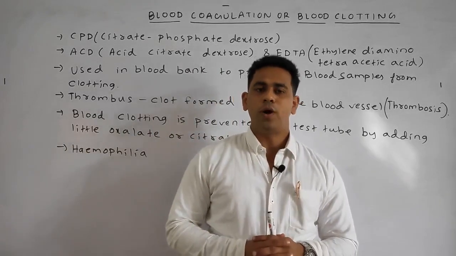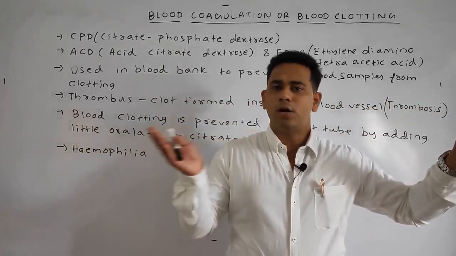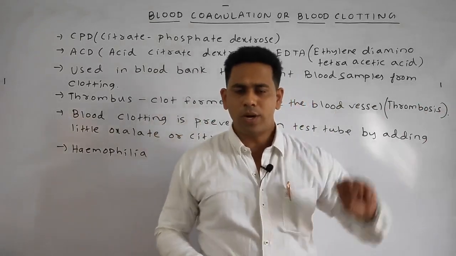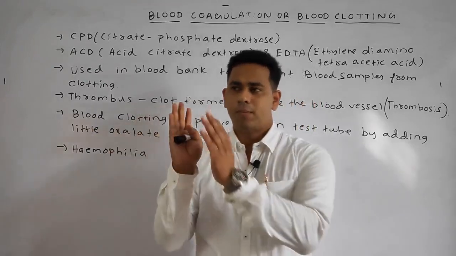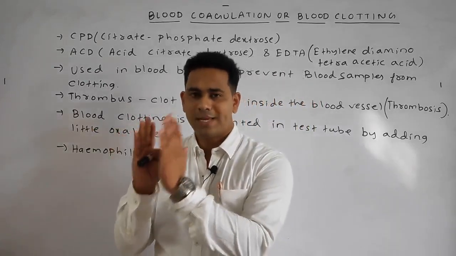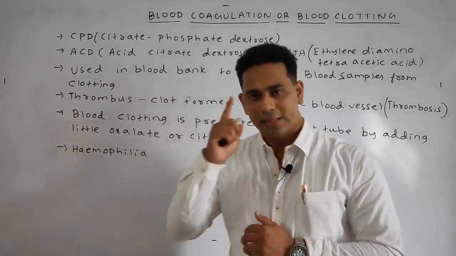So in that case, students, what happens? While storing the blood, as the blood has come out of the body, clotting might happen. But what should be done so that the blood in the blood bank is present without any clotting?